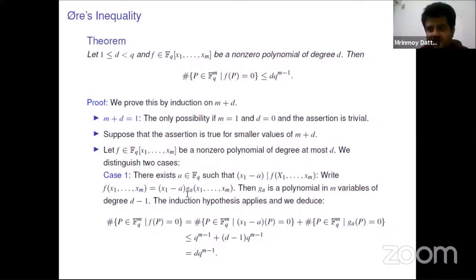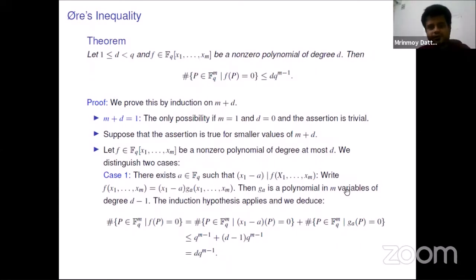The first coordinate has to be a, and the other coordinates can be anything. So there are q to the power n minus 1 options. On the other hand, for the next set, the induction hypothesis is applied. So we have a polynomial of degree d minus 1 in m variables, so this is less than or equal to d minus 1 times q to the power n minus 1. If we add them up, we get the quantity as desired.